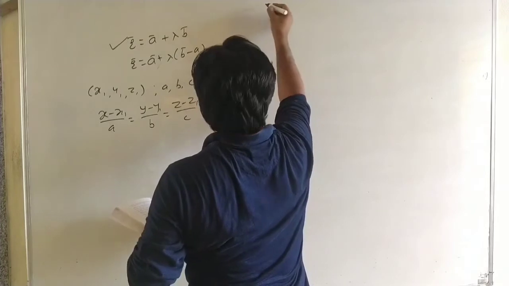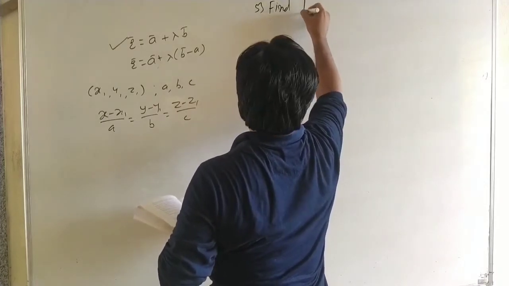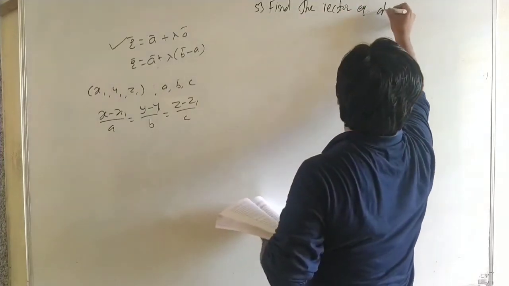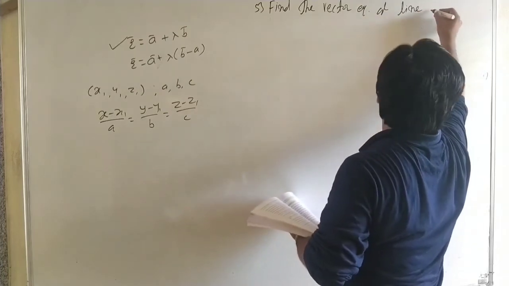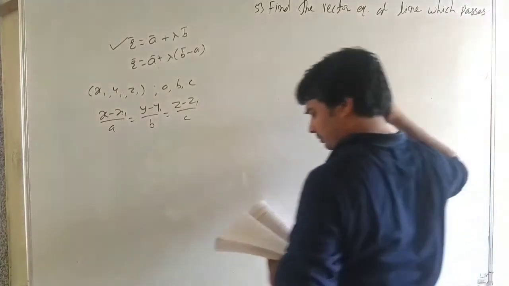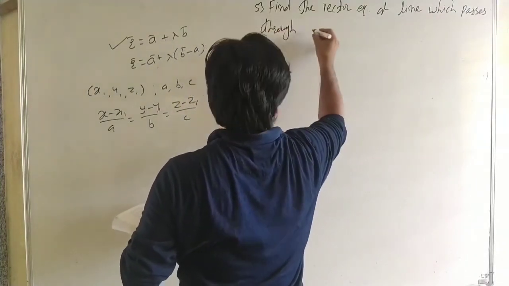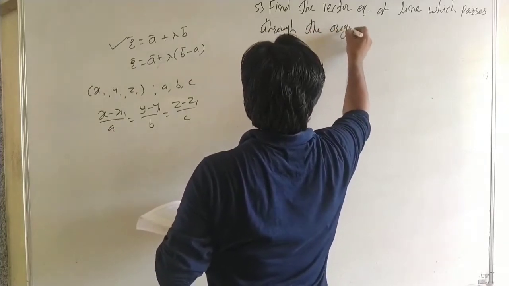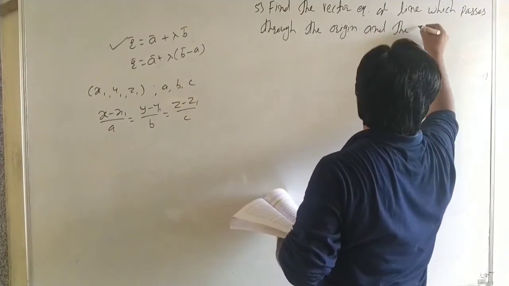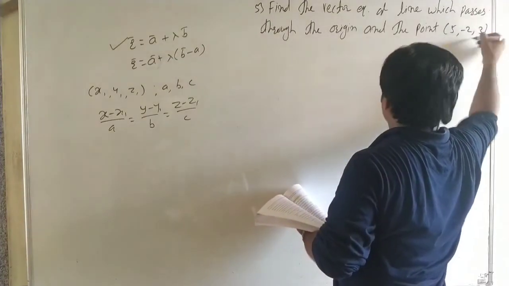Next, here is the fifth example. Find the vector equation of the line which passes through the origin and the point (5, -2, 3).